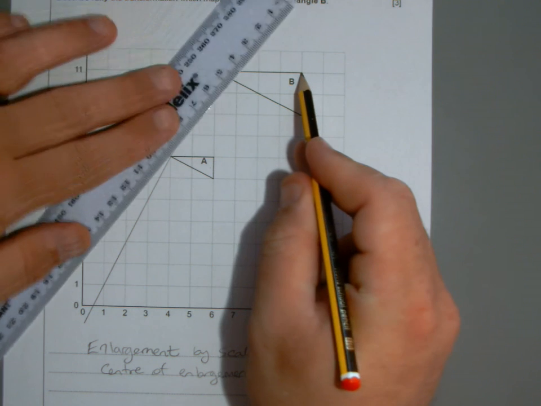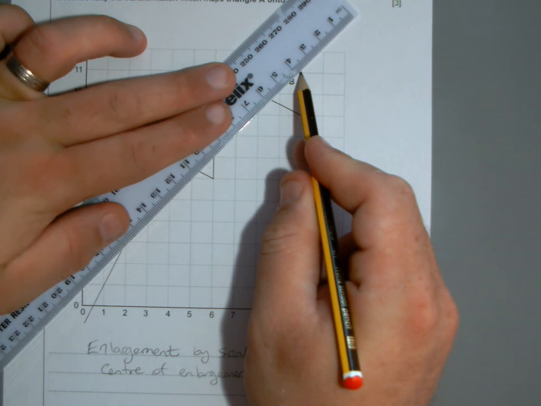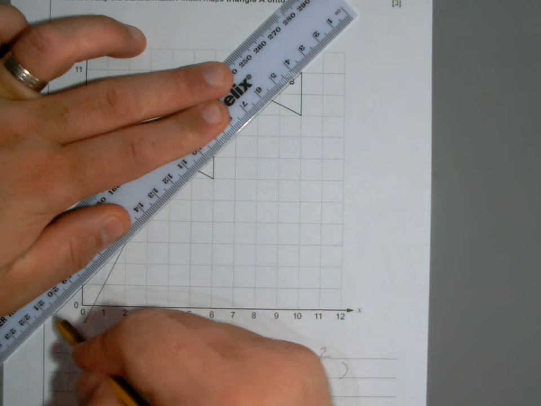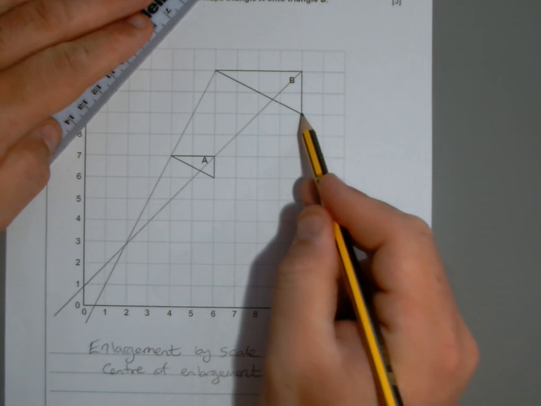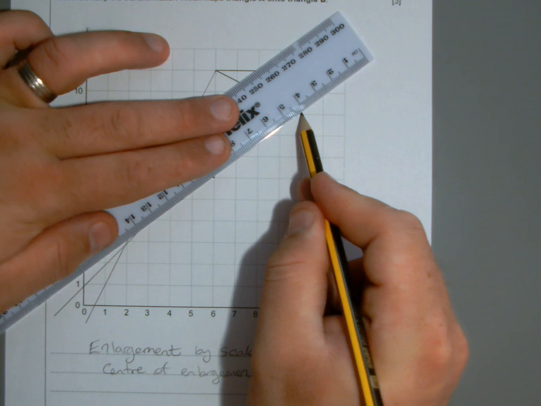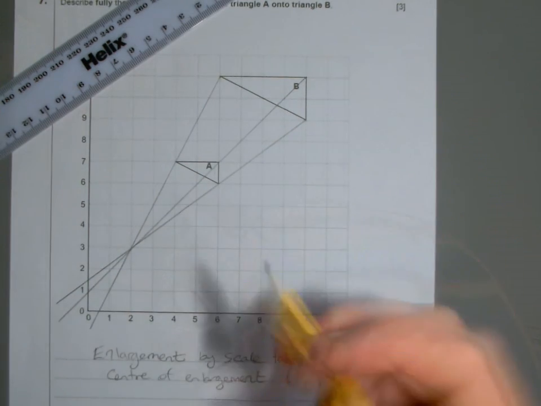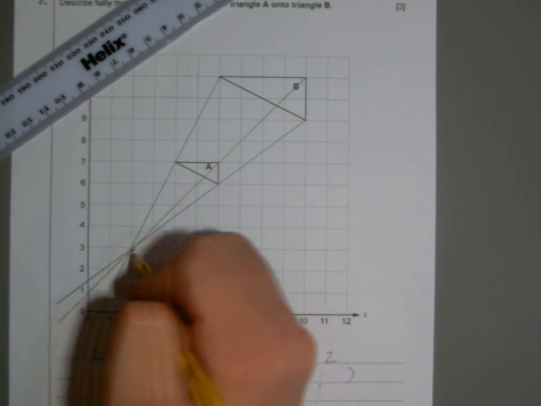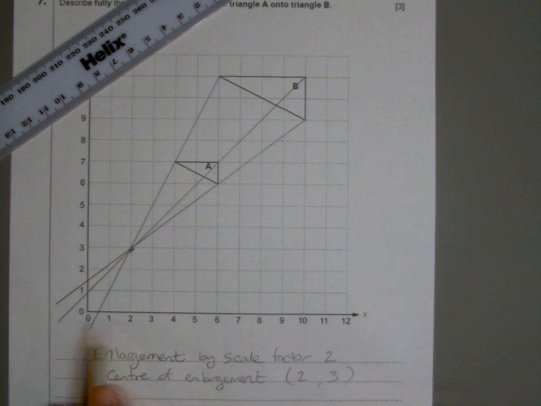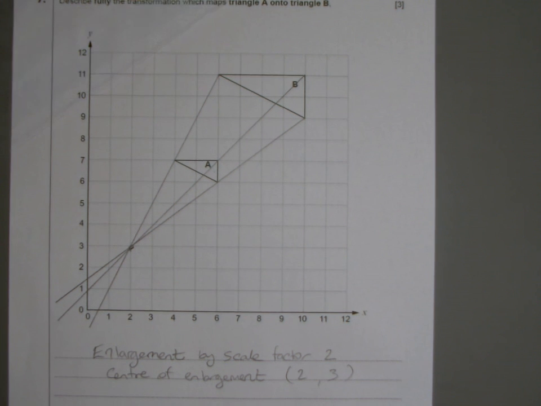That right angle there corresponds to this right angle point here on A. So join that there, and then the same with the final corner point of the shape, join that with the other one, and you can see, look, they all cross here. So my centre of enlargement will be 2, 3. Across 2, up 3.